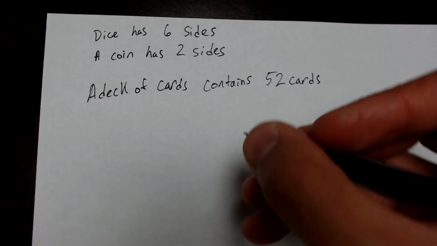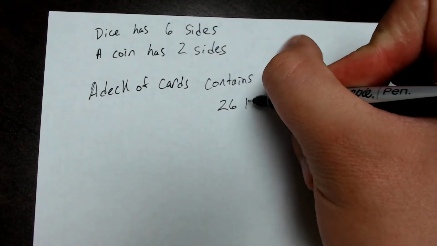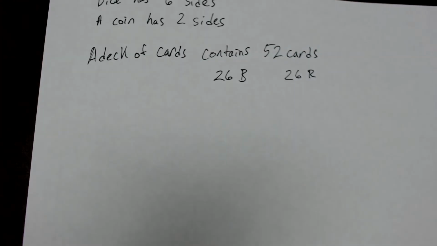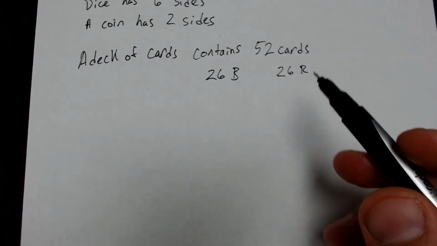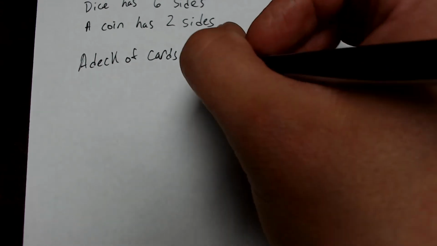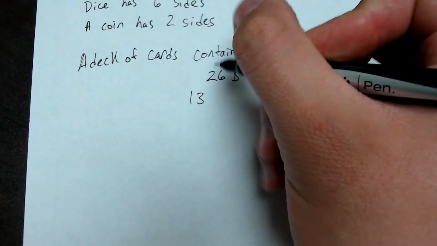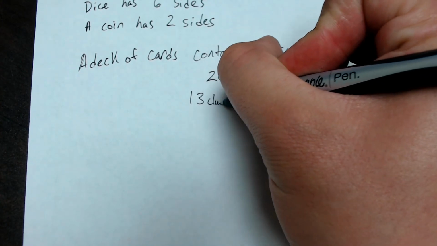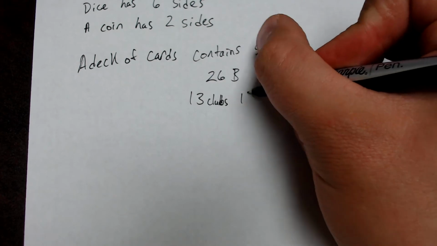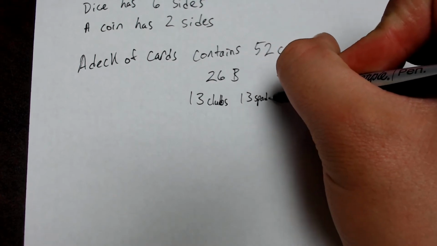Within these 52 cards, there are 26 black and there are 26 red cards. And then also of that 52 cards, the 26 black cards and red cards are broken up into 2 more groups. There are 13 clubs, which are black. And then there are 13 spades, which are also black cards.